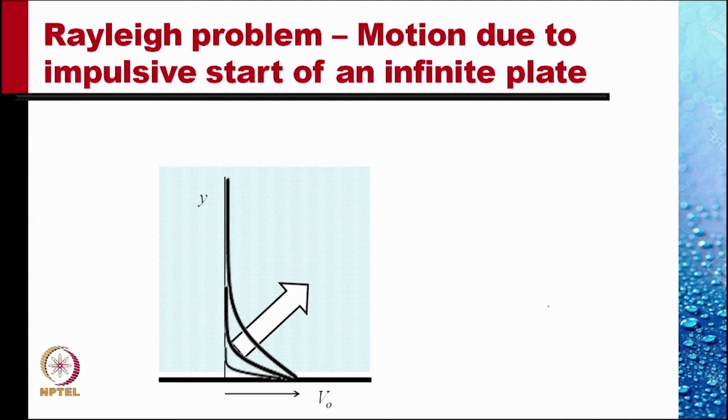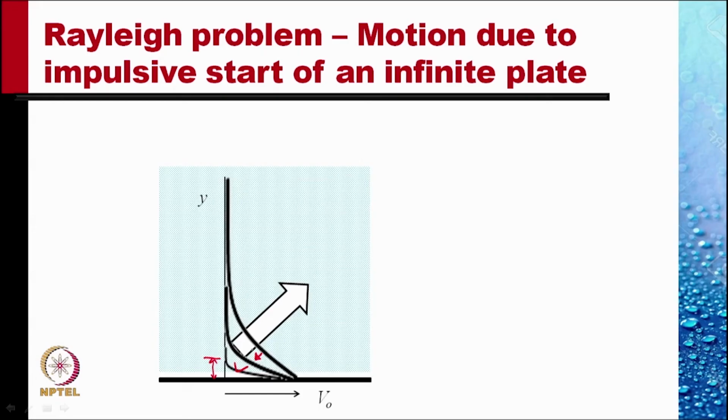For very small time, the velocity profile is like this. The velocity reaches 0 in a very small distance. At a little later time, this is the velocity profile.